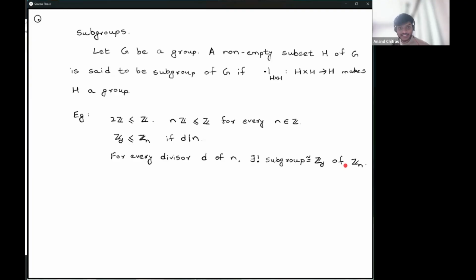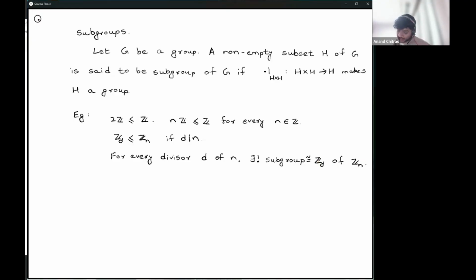One can check this just by starting with a generator of Zn and then raising it to the power n by d. That would give you a copy of Zd inside Zn.